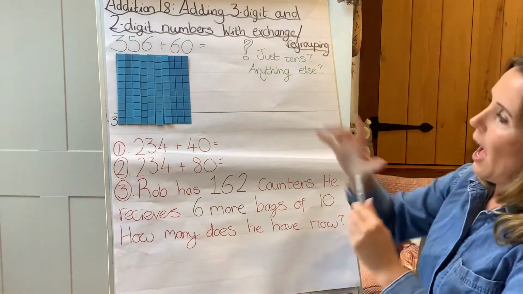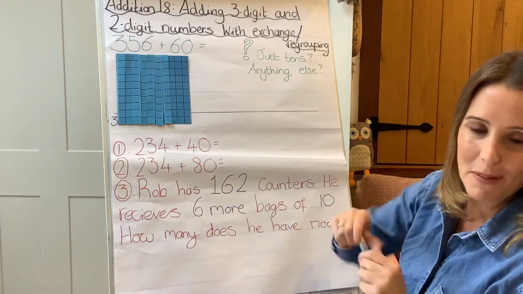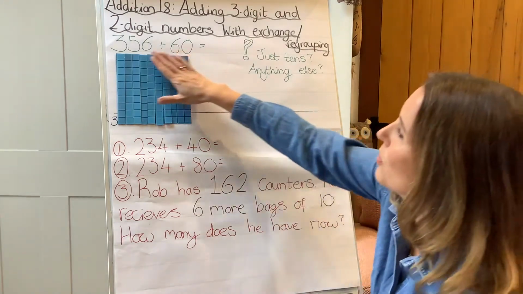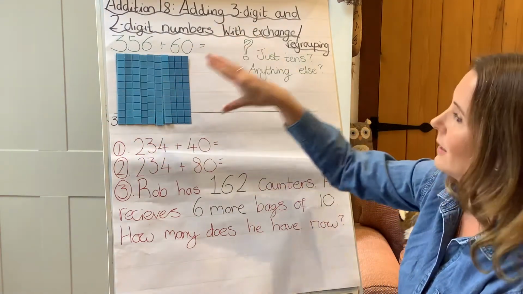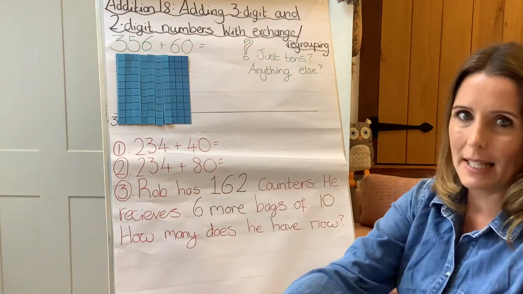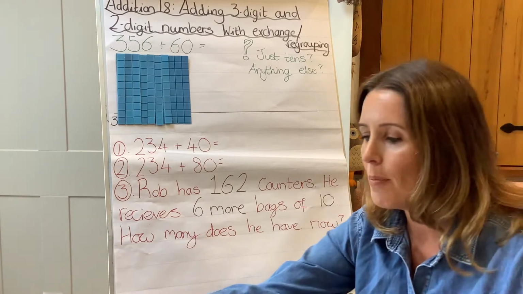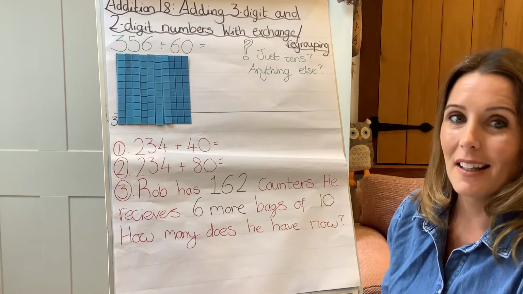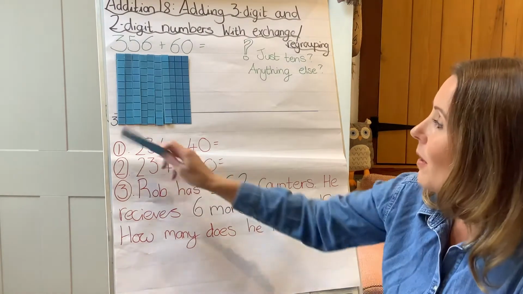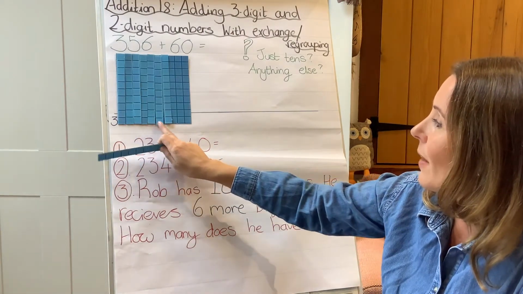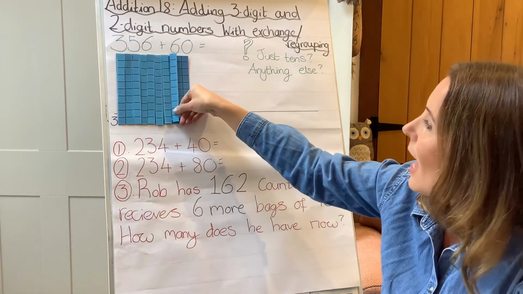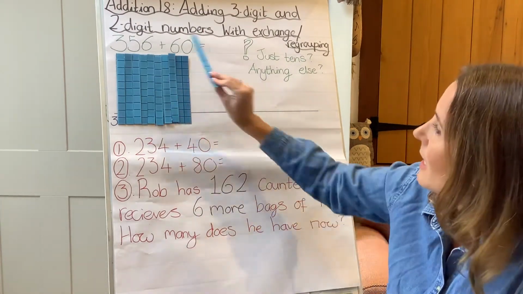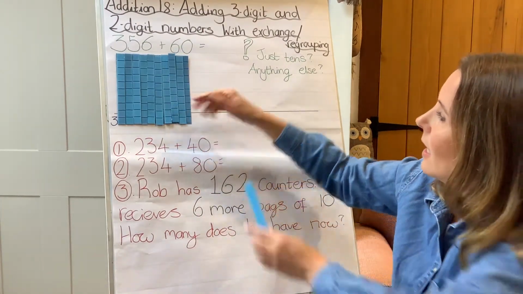So let's have a look at this one, what we're going to do. I've been having a go at making one before we started. So what I've done, I've got a 100 square and I'm adding on tens to see how many tens make 100. You may already know this. How many tens make 100? Okay, so I've put on 1, 2, 3, 4, 5, 6, 7 tens, 8 tens, 9 tens, 10 tens.